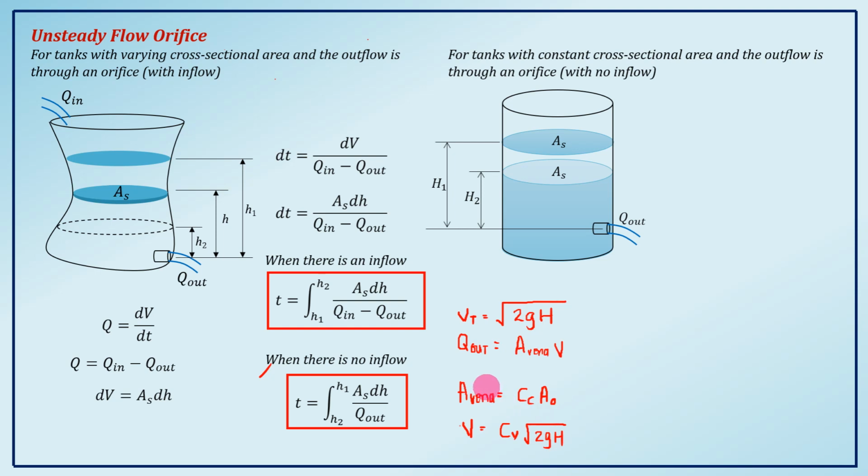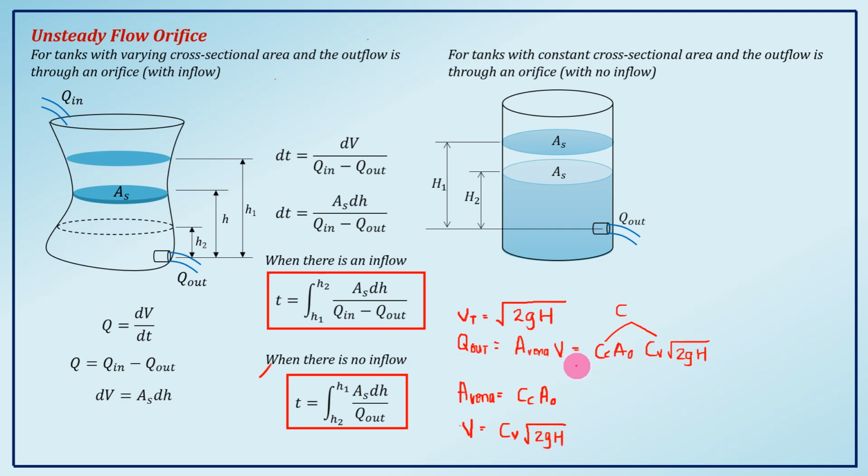So, substitute the area of the vena contracta and the velocity equation. We have CC AO multiplied by CV square root of 2gH. We know that CC times CV is equal to the coefficient of discharge.